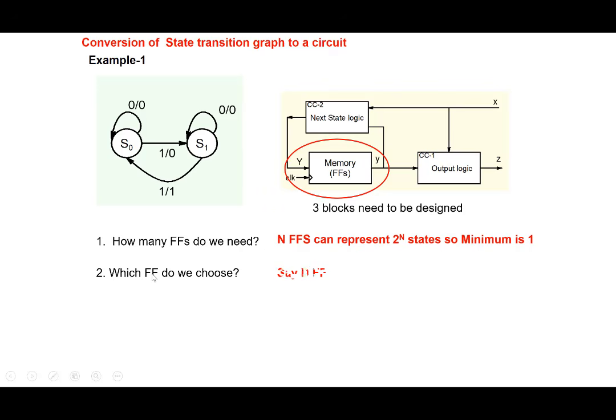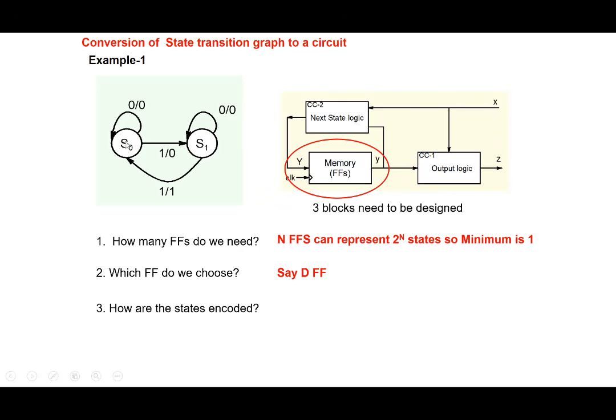D is a very simple flip-flop, and implementation using D flip-flops takes less effort as compared to others. It's not easy to decide which flip-flop to use. We'll just show you that there can be potential differences in impact depending on which flip-flop you choose. So let's say we choose D flip-flop here.